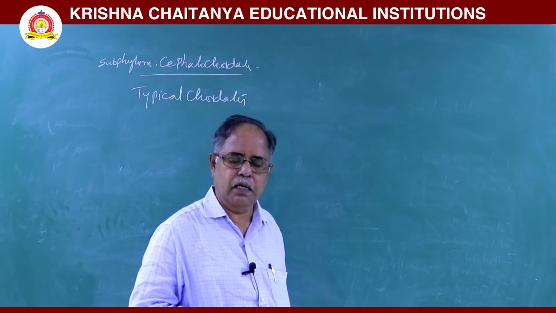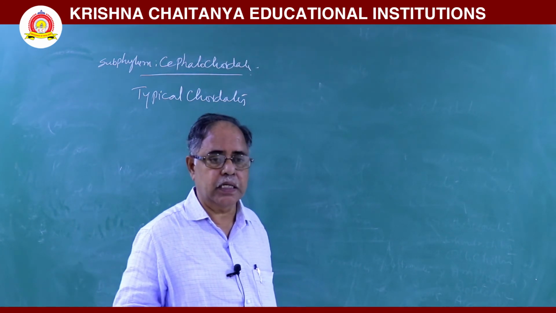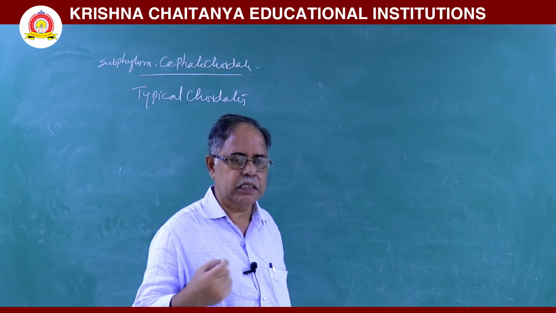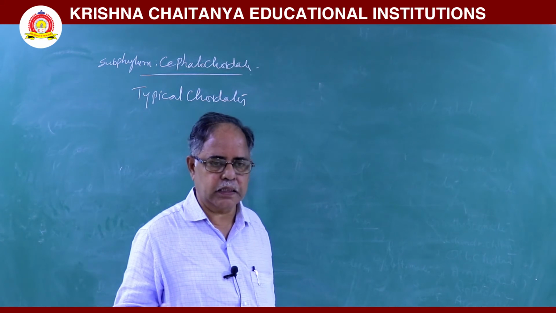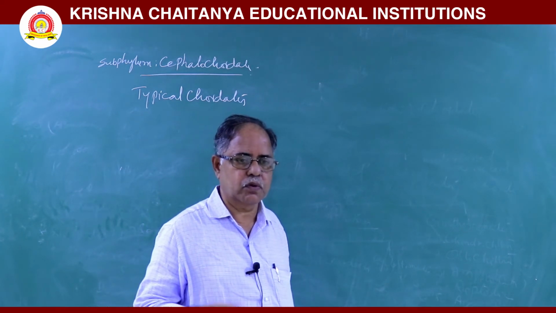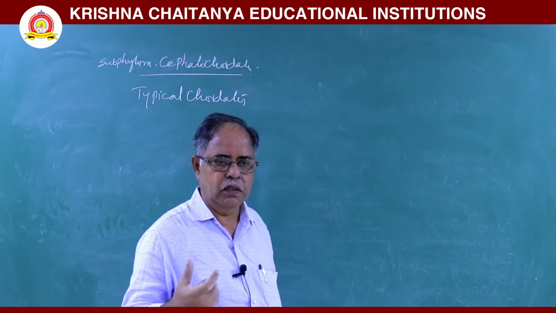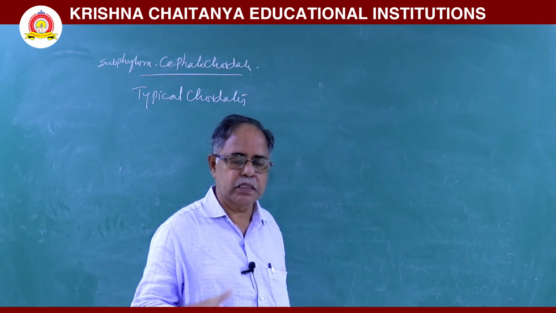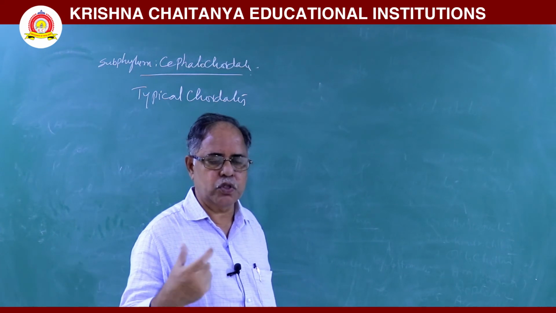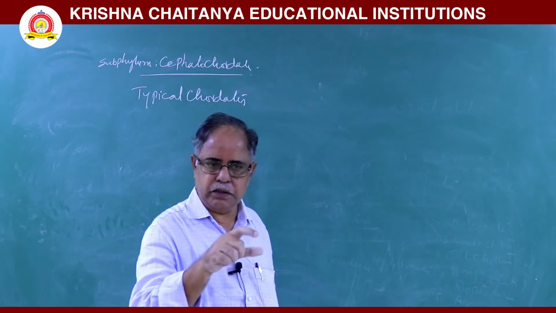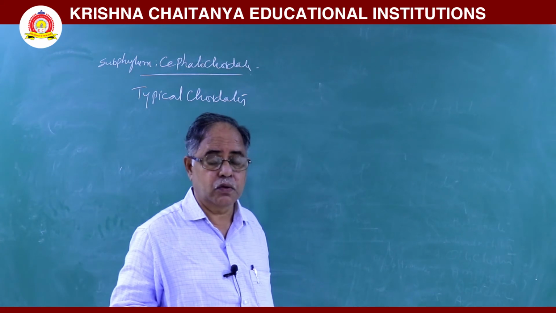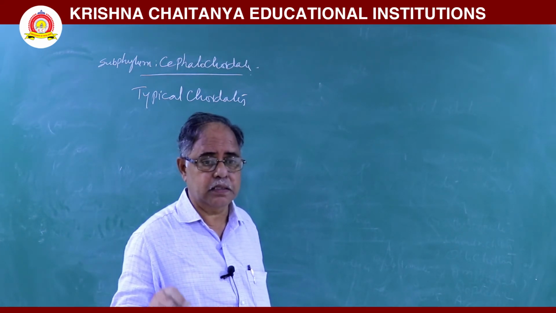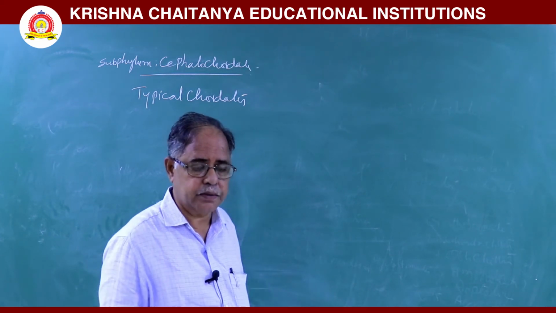These animals are generally called typical chordates, because in these animals the four principal characters, the notochord, tubular dorsal nerve cord, pharyngeal slits and post-anal tail, are seen throughout life.